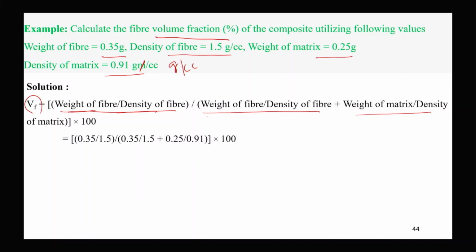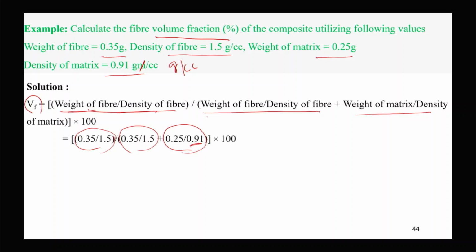So 0.35 is the weight of fiber divided by density of fiber. That means volume of fiber divided by volume of fiber plus volume of matrix. Volume of matrix means 0.25 is the weight of matrix divided by the density of matrix 0.91.